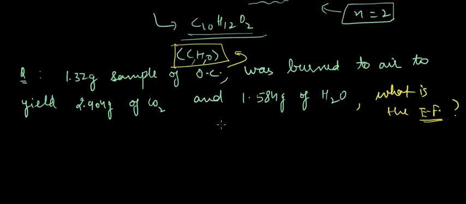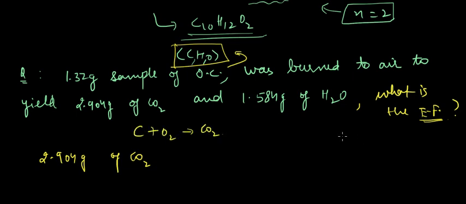Okay, so we have 2.904 gram of CO2. Obviously C plus O2 gives CO2 because we are burning it in air, so carbon in the organic compound will interact with oxygen to form CO2.